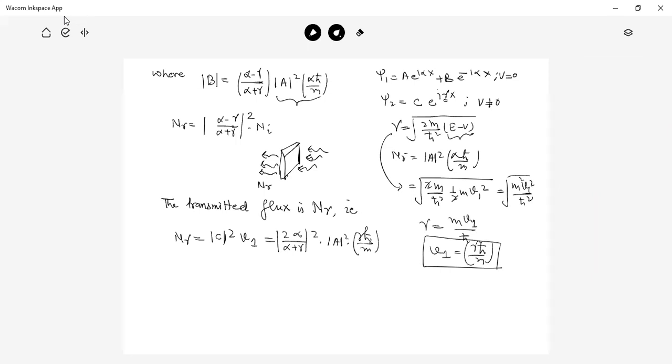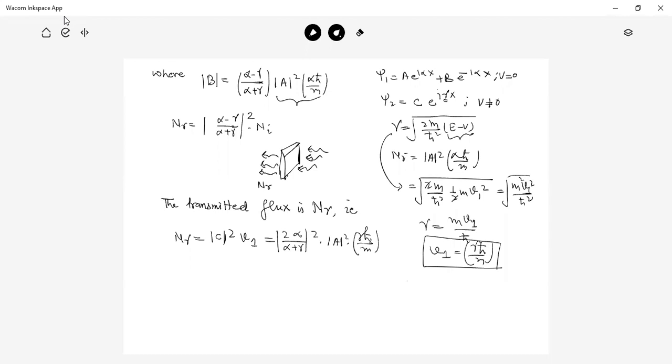And if you try to write this one in terms of Ni, for Ni we have alpha h cross by m. So we have to write this one in terms of alpha.